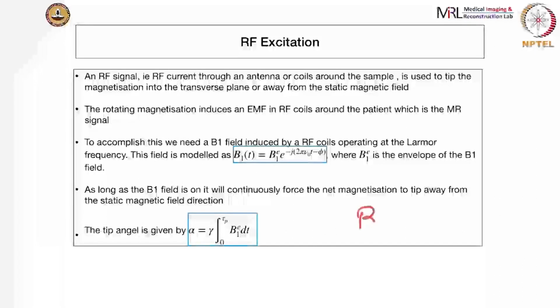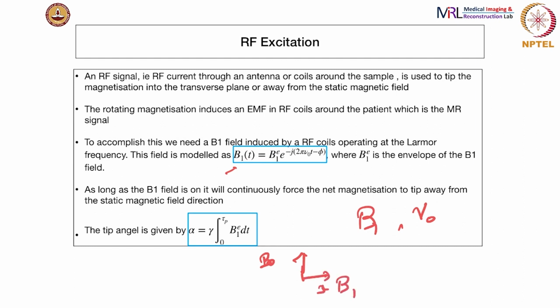It's called the B1 field. I have not mentioned it here. This B1 field incidentally also oscillates at the Larmor frequency. Why do we need that? If you apply the B1 field at an arbitrary frequency, its B1 field is always perpendicular to the B0 field. If B0 is along the Z axis, B1 let's say will be along the X. This is the B1 field.